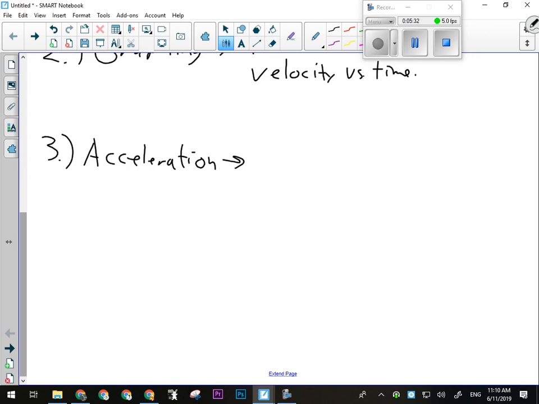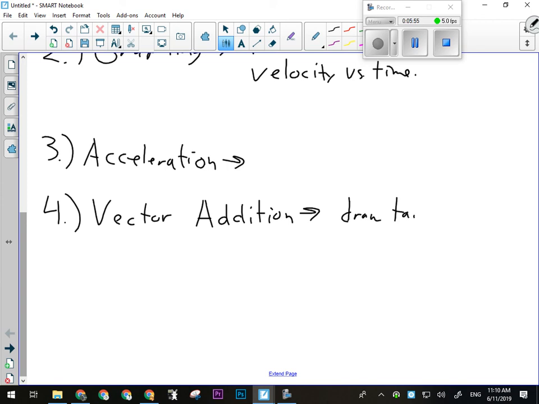And then from there, we went on to vector addition. How many units did we use vector addition in? Two, kinematics and dynamics, right? Okay, so what we have to remember here is that we draw our vectors tail to head.